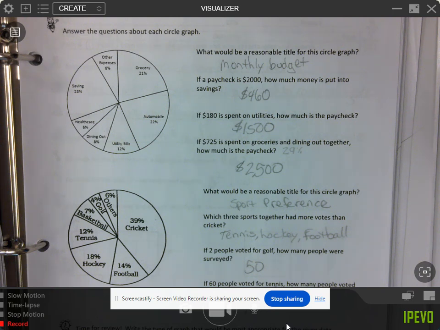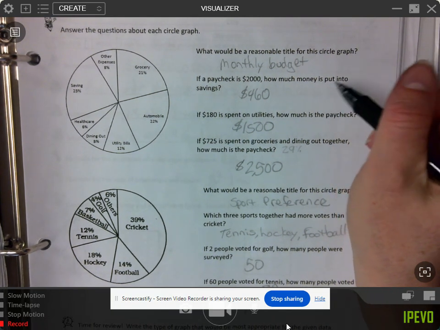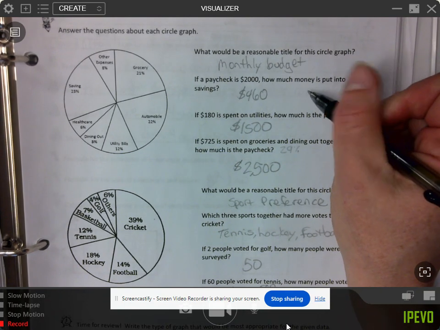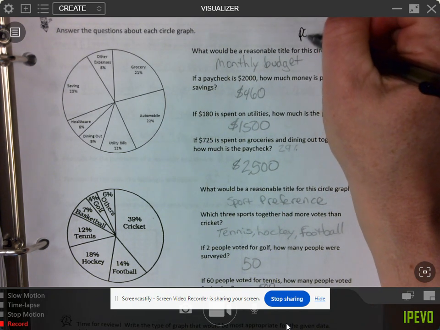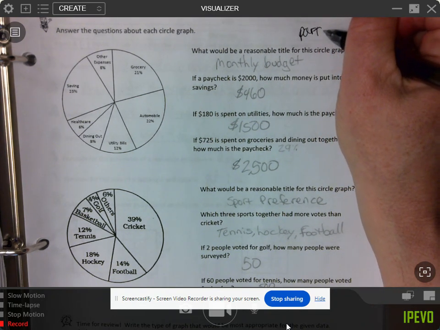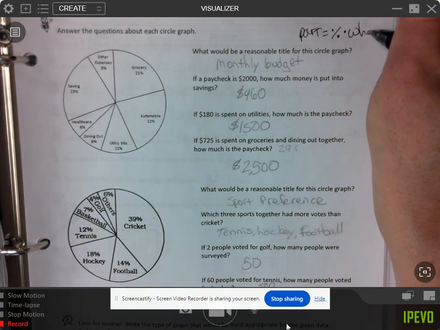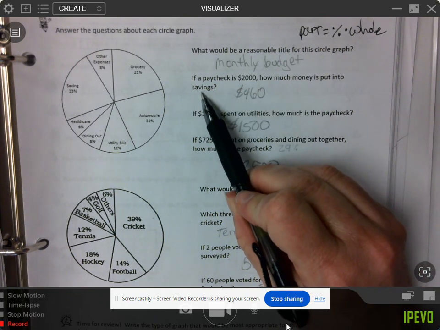How did you get it, Mel? I don't have my work on here, but I'm pretty sure I did 0.23 times 2,000. Okay, so remember our equation. Part equals percent times the whole. So we want to know the part. We want to know savings.